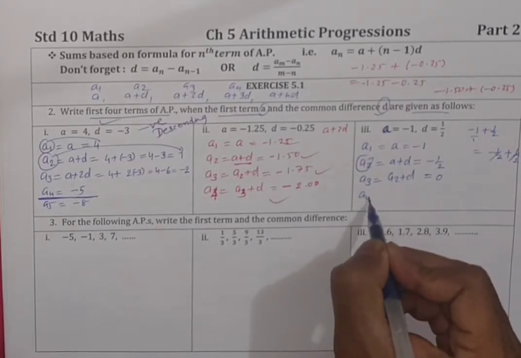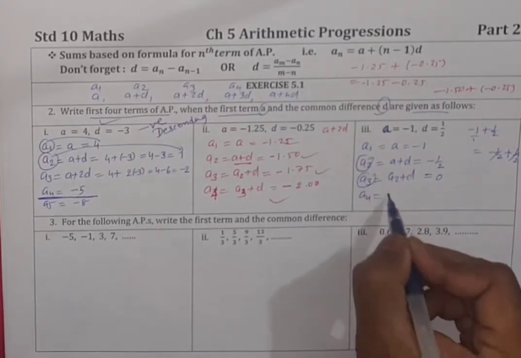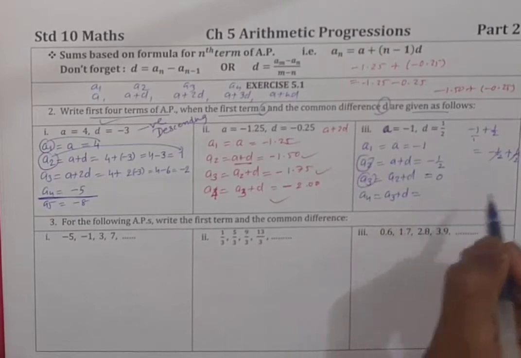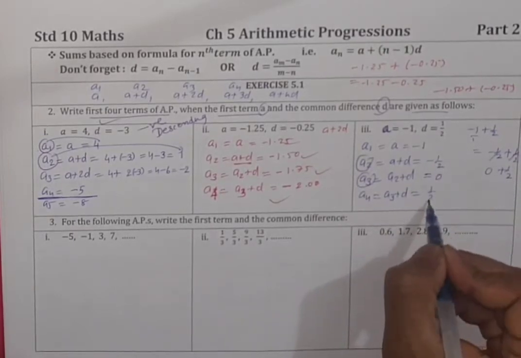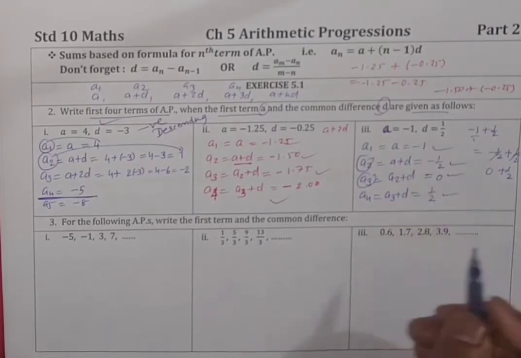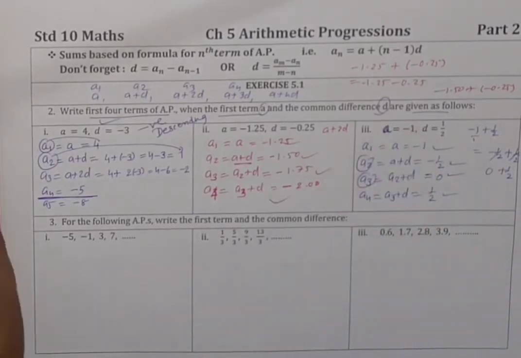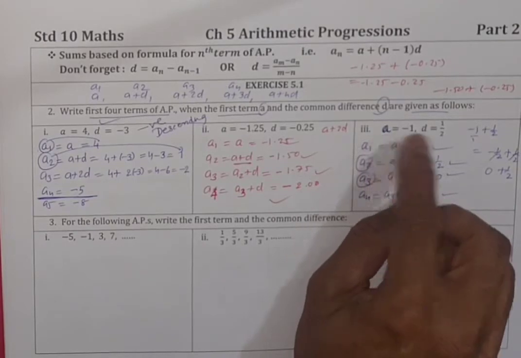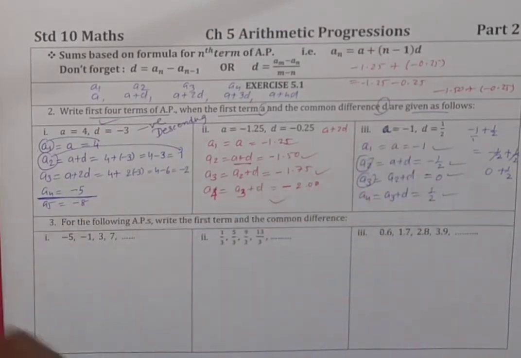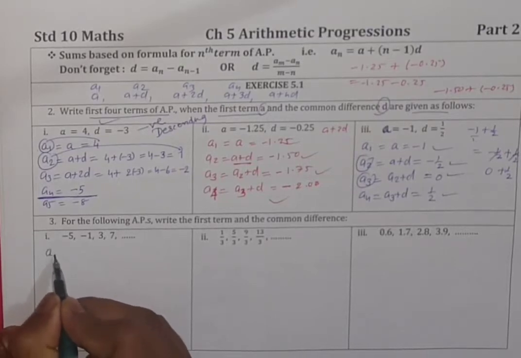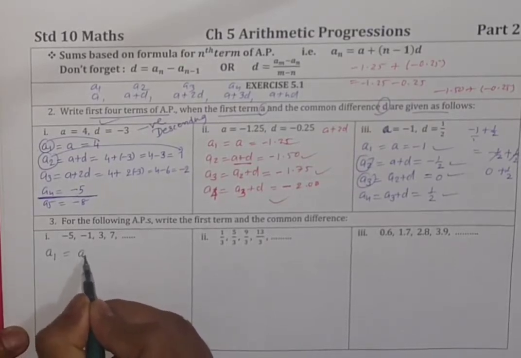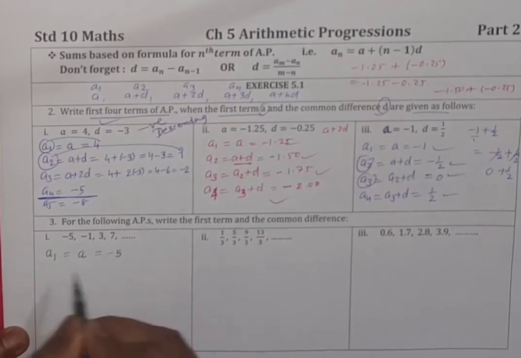Alright. और A4 is ये जो A3 है उसमें D ऐड करो. A3 0 आया, उसमें D ऐड करो, so half. So that is plus half. So these are the first 4 terms of this AP, whose first term is minus 1 and common difference is half, 1/2. Next. So first term A1 is actually A and that is minus 5.